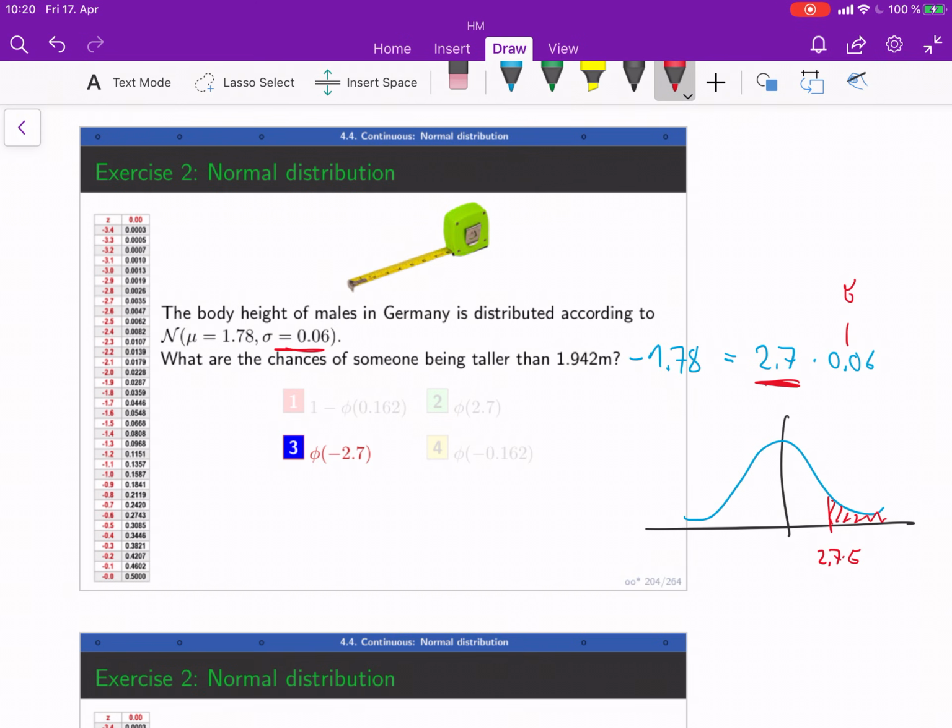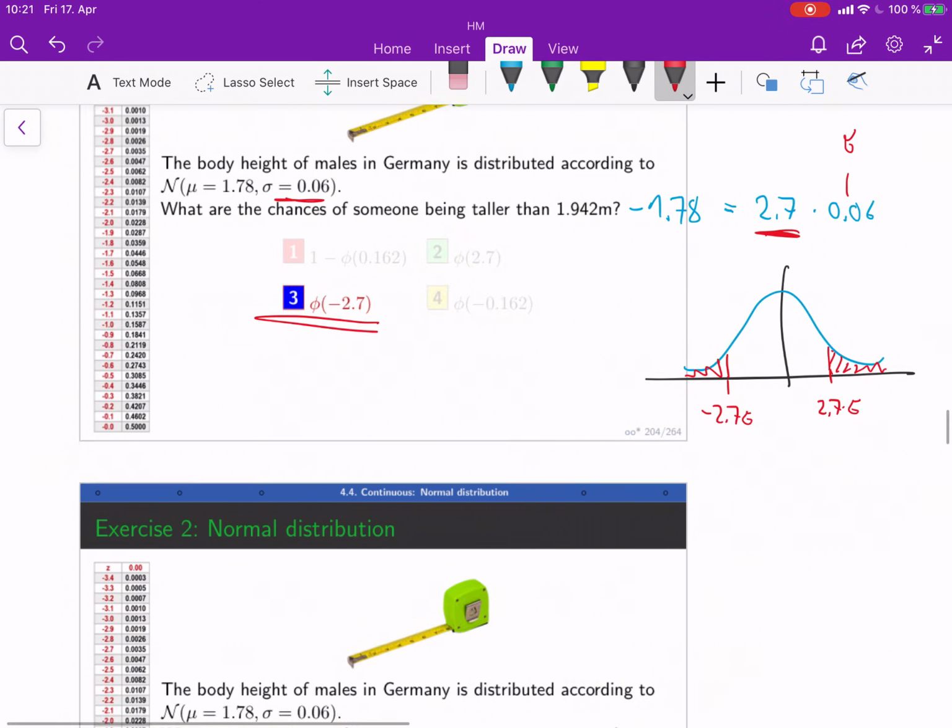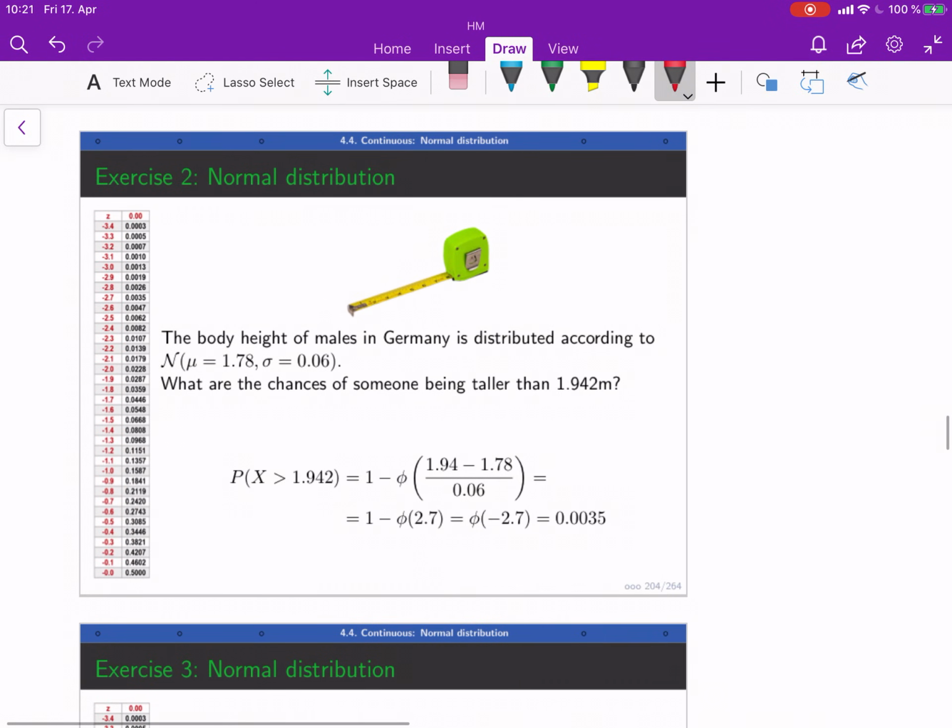Instead of looking that up, because I only have the negative values in my table, I go to the left. It's the same as minus 2.7 sigma. So minus 2.7 sigma, you can see it in the table, something like 0.35%. Yeah, this is our answer. Excellent.